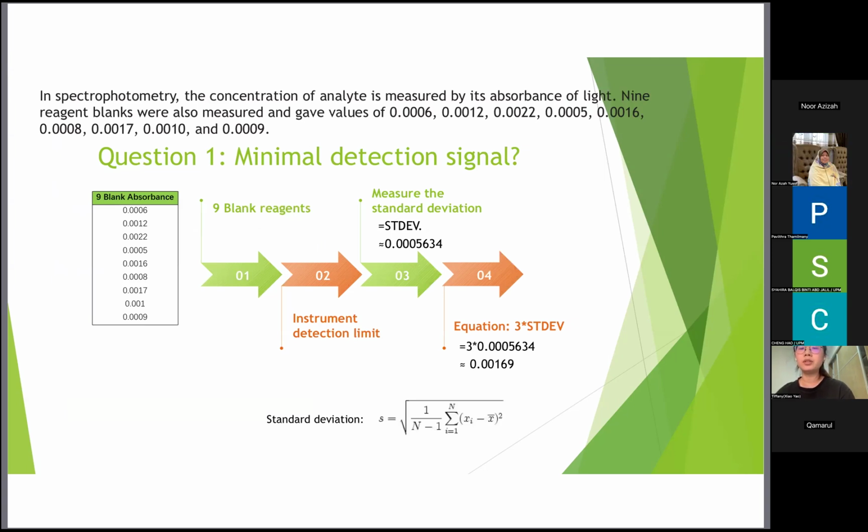The first question is, what is the minimal detectable signal? To begin, let's look at the data that we have.